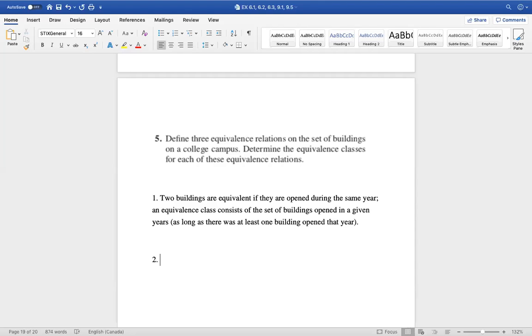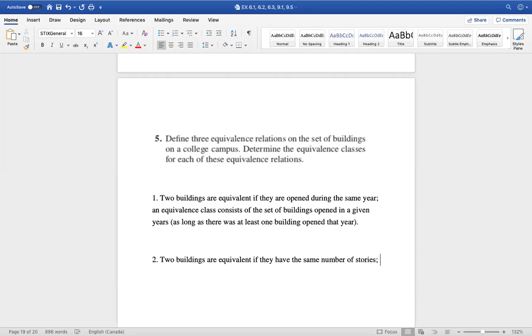The second one could be that two buildings are equivalent if they have the same number of stories or floors.